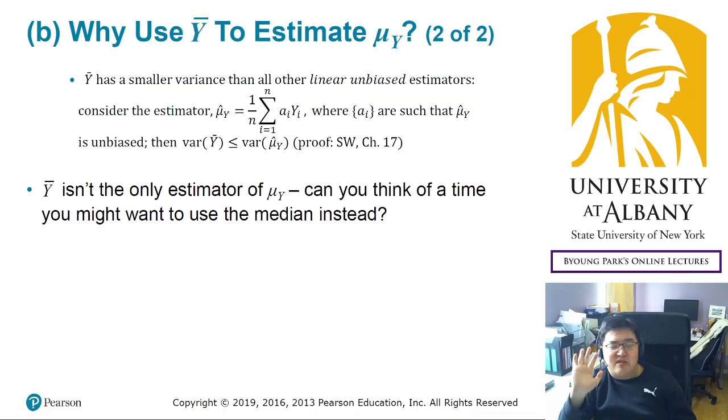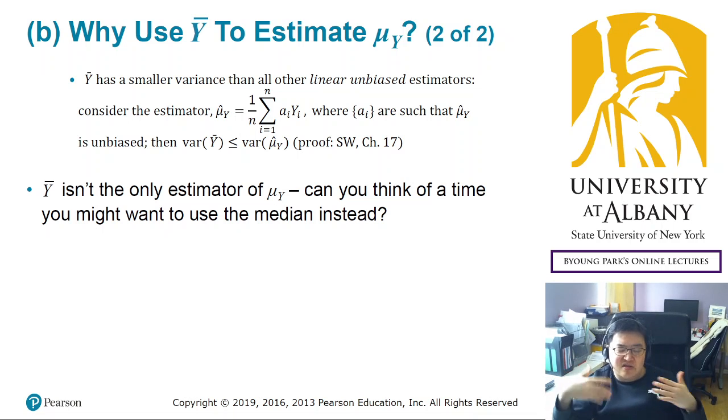That's the mathematical result. By the way, it doesn't say y bar is always the best. Later on, we need to consider alternative estimators, but in many cases, the sample average is the best estimator for the population mean. And we already use the sample average in many applications and in our daily life.